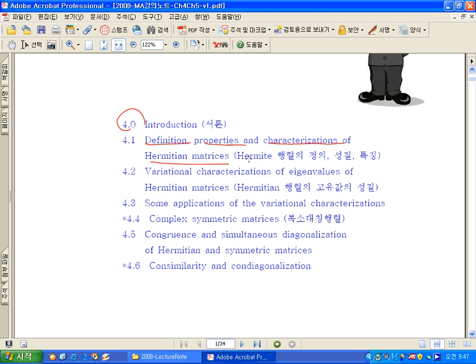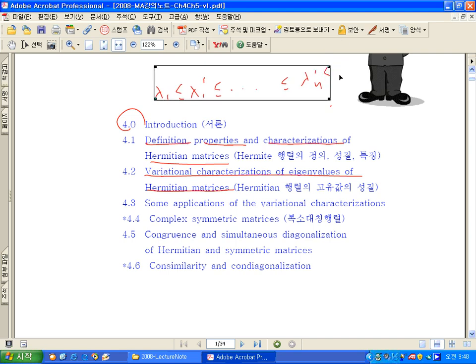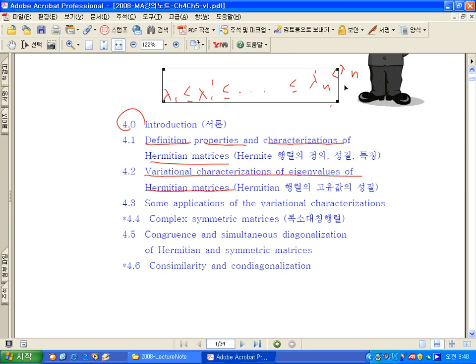And we had covered the variational characterization of eigenvalues of Hermitian matrices, such as the inner-racing properties of eigenvalues of a matrix and its submatrix or its bordered matrices.